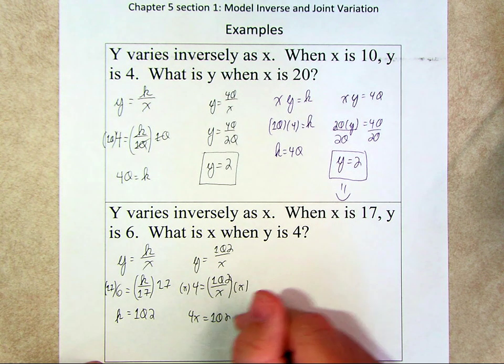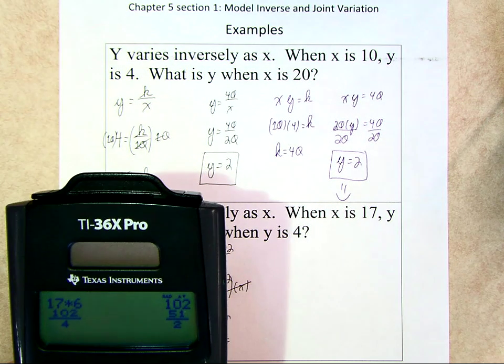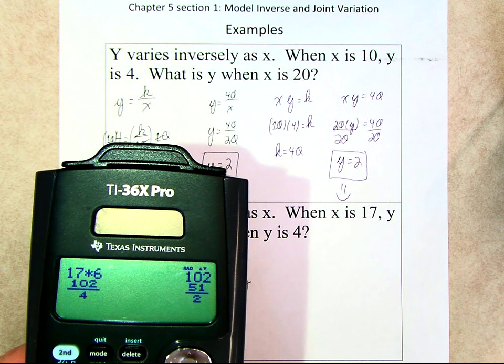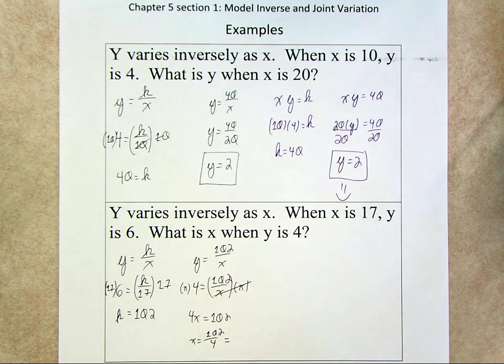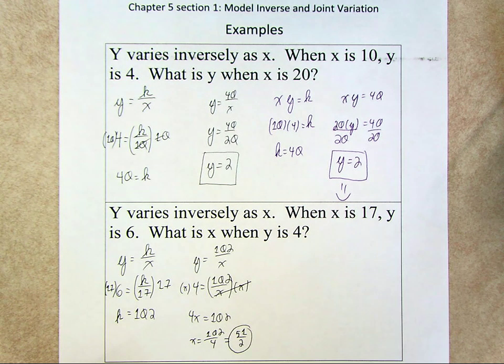The x is canceled out over there. x is equal to 102 divided by 4. If you look at my calculator, 102 over 4 gives me 51/2. Still not figuring the fraction, we go ahead and write it in.